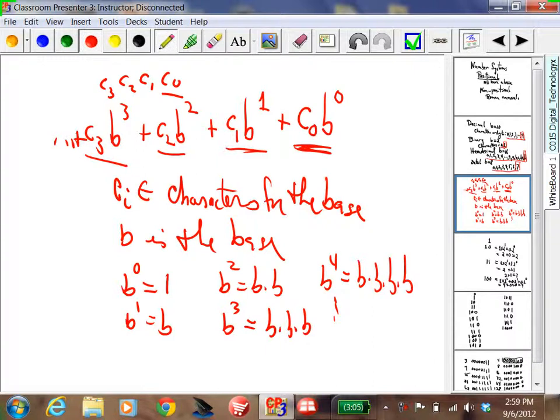This rightmost character is always multiplied by 1. This character is always multiplied by the base. In the case of binary, whatever that character is, multiplied by 2. The character can only be 0 or 1. 0 times 2 is 0. 1 times 2 is 2.